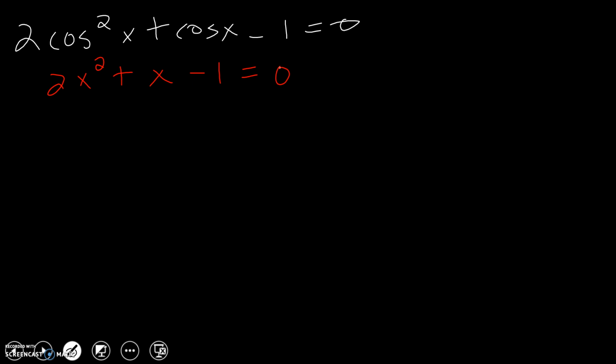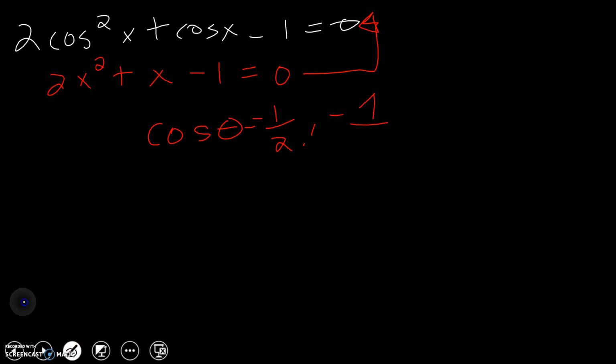Alright, I have already factored this equation out, and what I get is that cosine theta is going to be equal to 1/2 and -1. So now we have to find the angles where cosine theta equals 1/2 and -1.